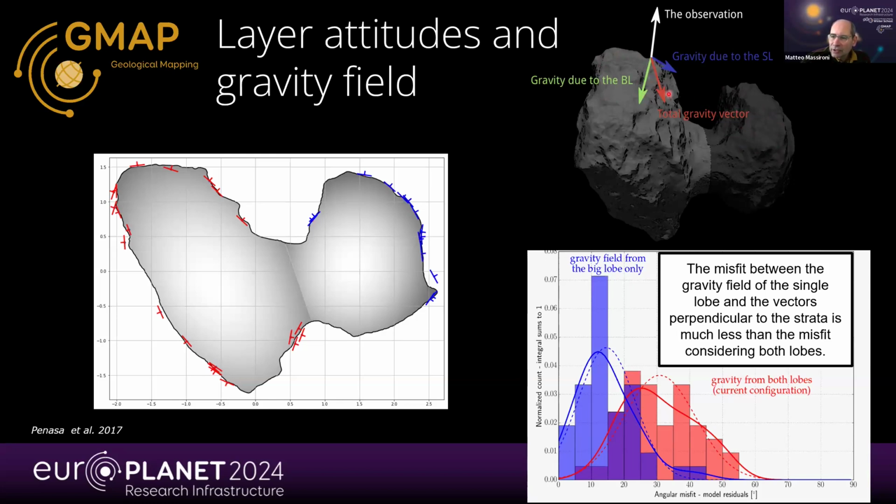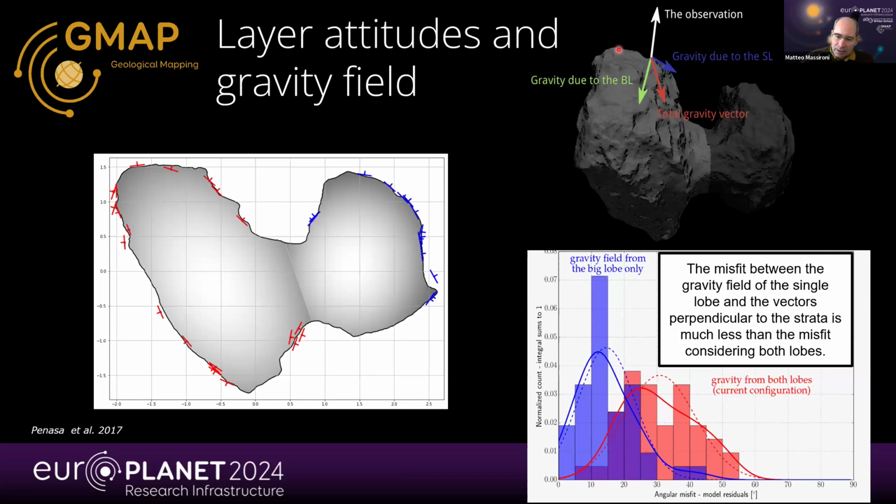And this is the total gravity vector. So we can relate the orientation of the stratification with the gravity vector and see the misfit between the gravity vector and the perpendicular to the strata, in order to see if the gravity has affected the formation of the strata or not during the production of the layer stack.